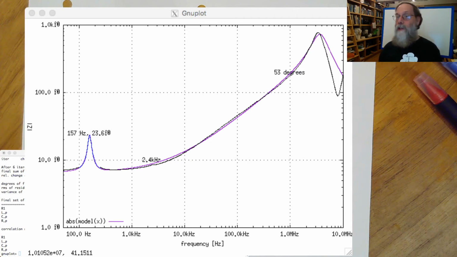Now, some things we want to check after doing this is, we've got this model. Does the model match the phases as well as the magnitude? And we can look at that with another plot.